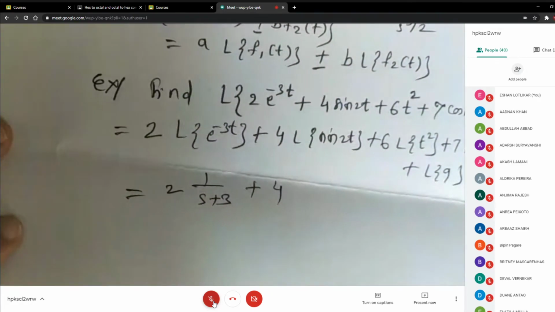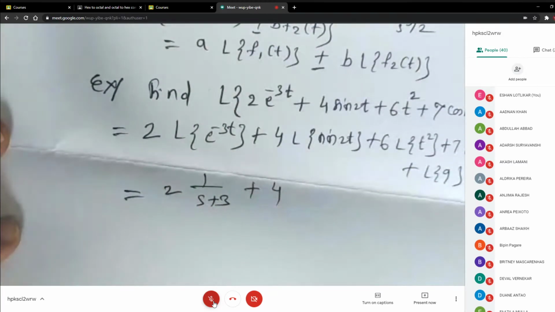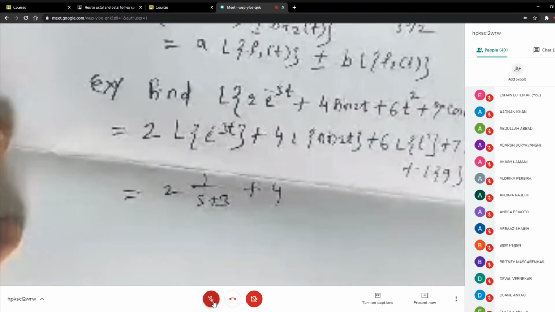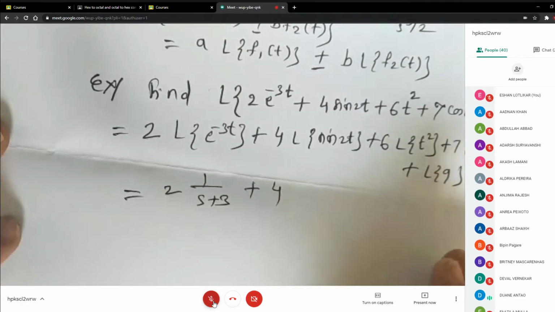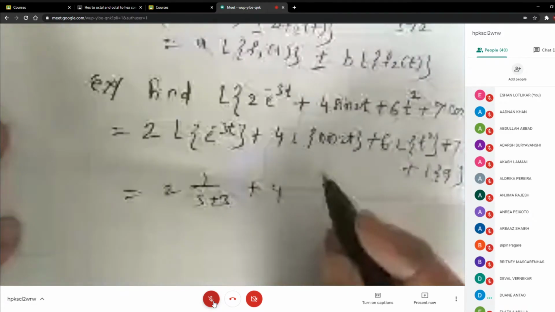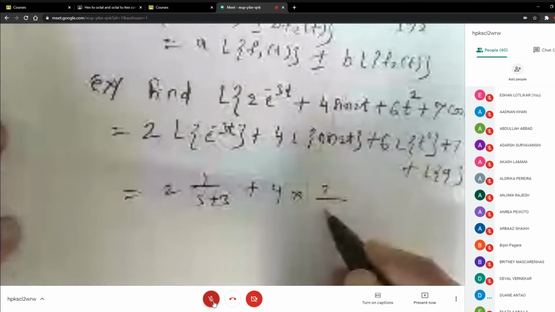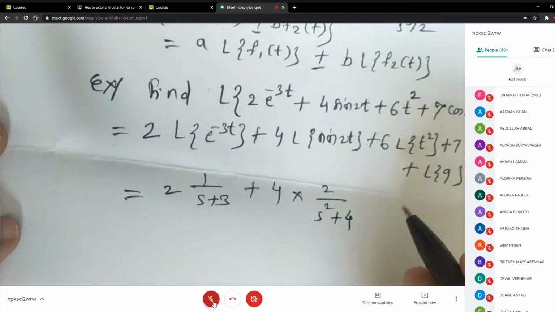Can you tell what is Laplace of sine 2t? 2 upon s square plus 4. Very good. It is a upon s square plus a square, and students, a is 2 here, right?